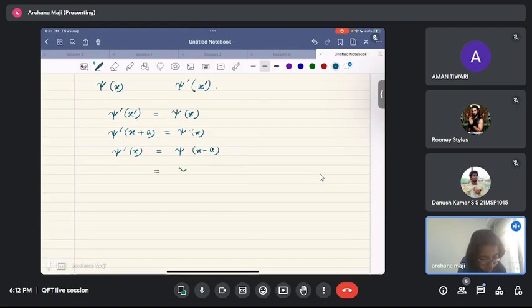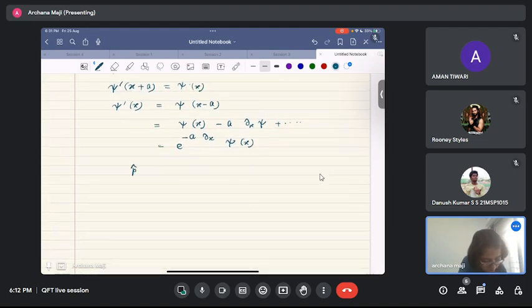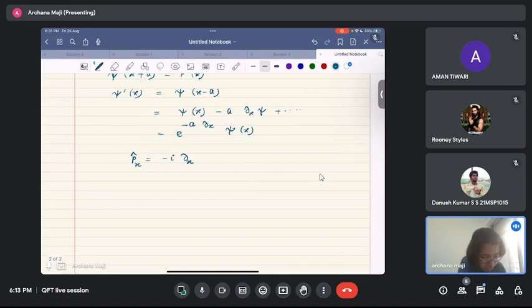And you can always Taylor expand this function, and that will give you del psi del x and so on. So this is basically exponential of minus a del x acting on the function psi of x. Now from quantum mechanics you know that the momentum operator is basically minus i del x, taking h cross to be 1.